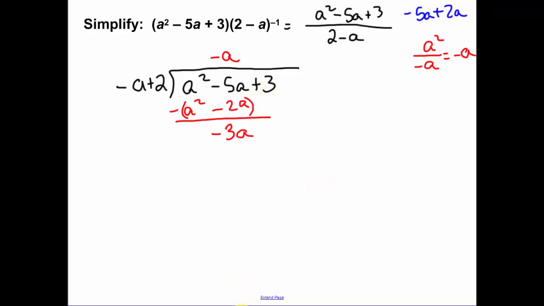Now bring down the 3. So now, what times negative a gets me negative 3a? Or what you could do is negative 3a divided by negative a. That gets me a positive 3.